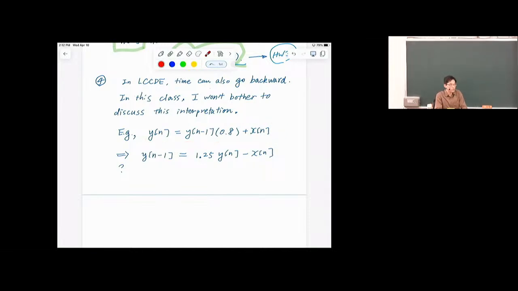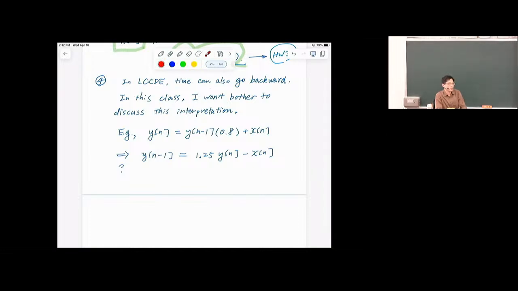That's fine. But now we move this other thing to the left-hand side. This implies that we are calculating y[n minus 1] using the expression to your right. And this is problematic, because this program cannot run in real time.